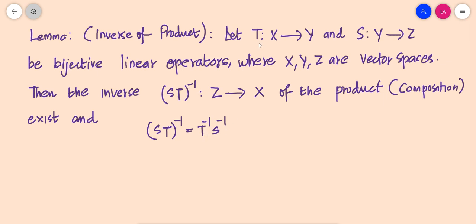So this theorem states that if T and S are linear operators which have an inverse, then its composition ST also has an inverse, and the inverse of ST can be written as T inverse composition S inverse.